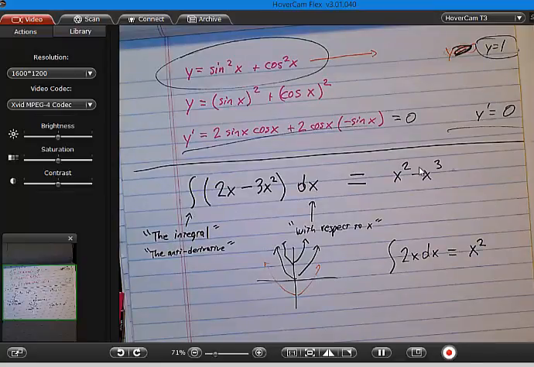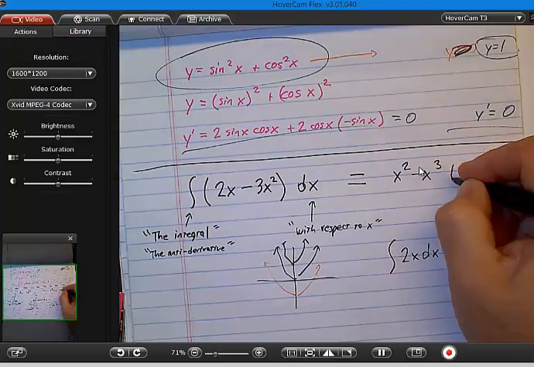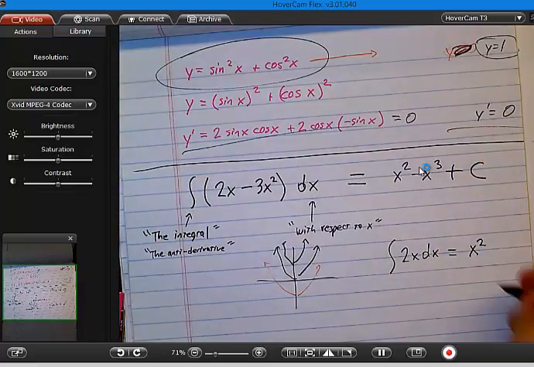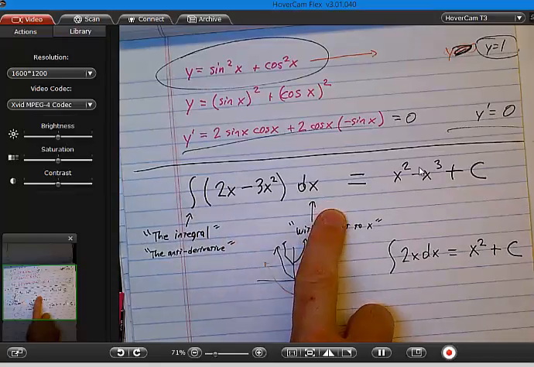Do you guys understand that? Plus k, where k is any real number. Yeah, what we're going to end up writing is plus c, where c can be any constant you want. And we'll say that that is the answer, in a sense, to this problem.